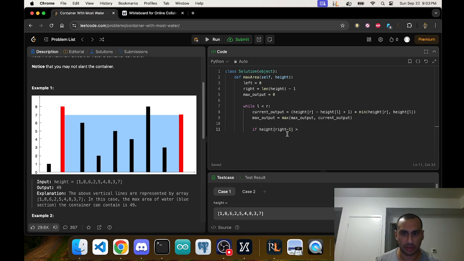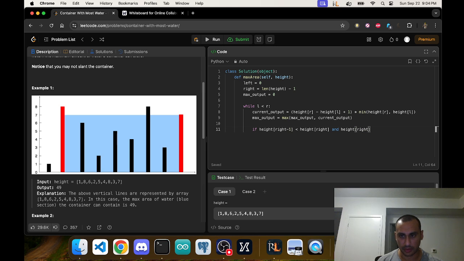So if height R minus 1 is greater than, no, it's less than, strictly less than, height at the current right element, and this height on the right side is currently smaller, then don't move it.